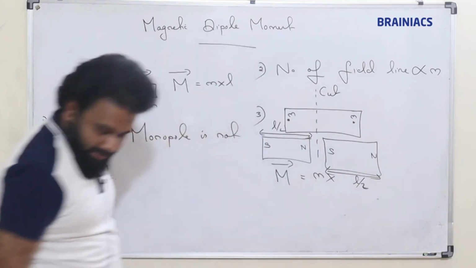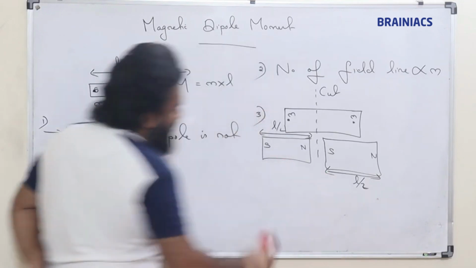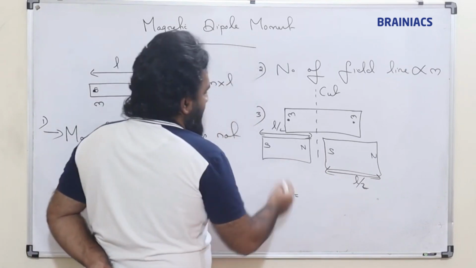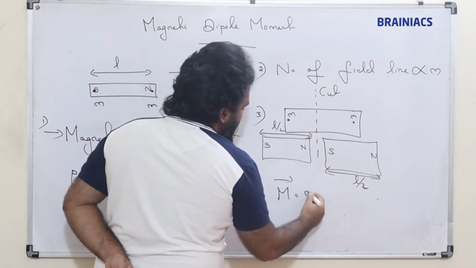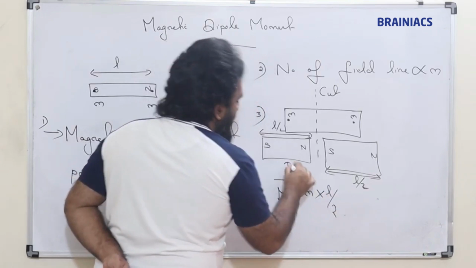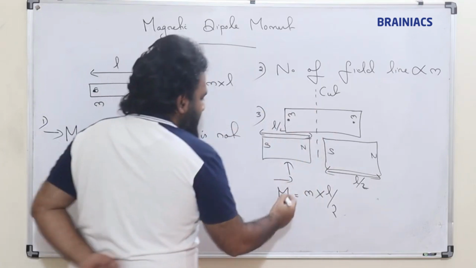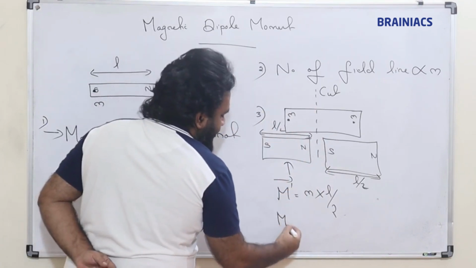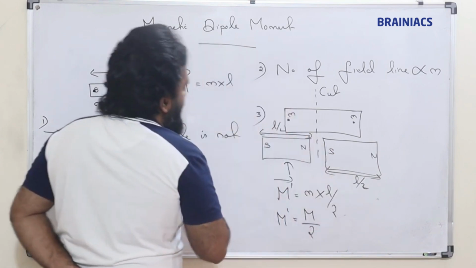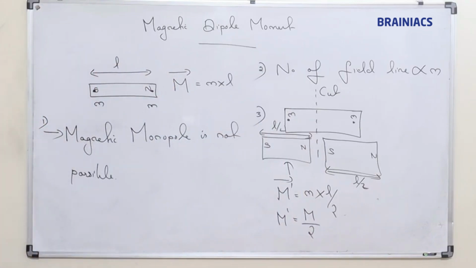So if we consider again magnetic dipole moment, M dash is equal to M into L by 2 for one bar magnet. So here this M dash is nothing but M by 2. Clear? M by 2. Note down.